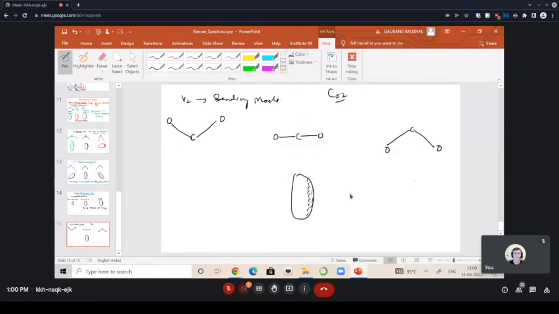The molecule was bent to the lower side and upper side, and both are the same. So equal bending is there.